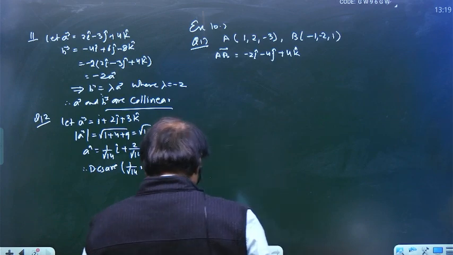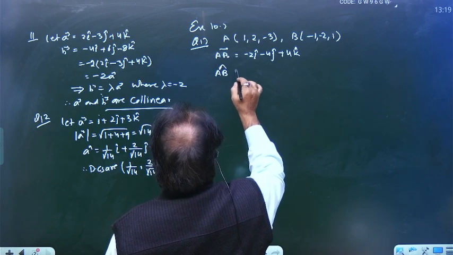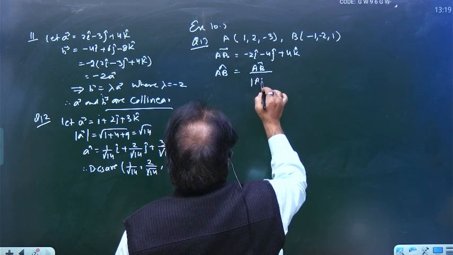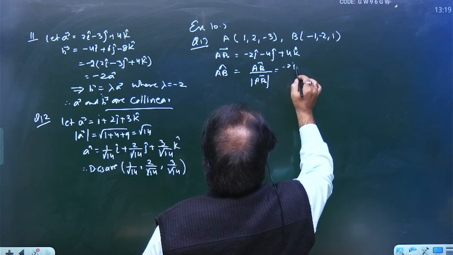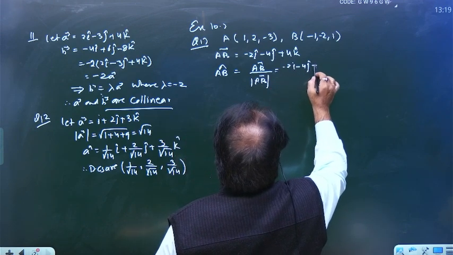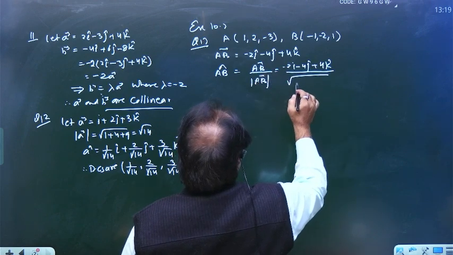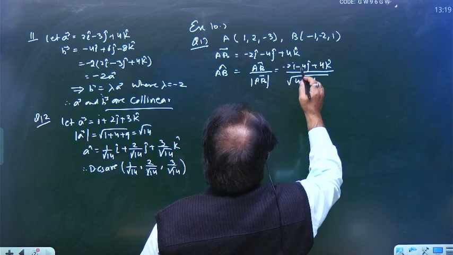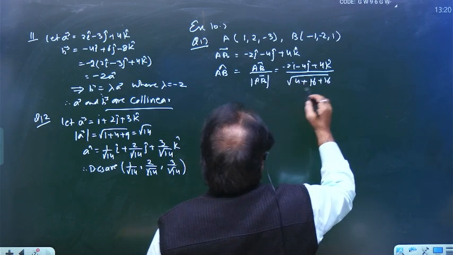Now the unit vector of AB is equal to vector AB upon the magnitude of vector AB. So this is minus 2i cap minus 4j cap plus 4k cap divided by the magnitude, which is the square root of 4 plus 16 plus 16, that is 36, so 6.